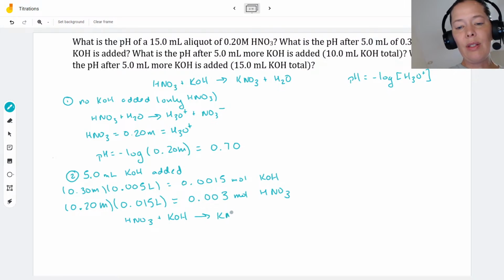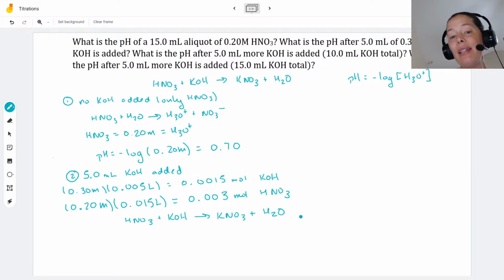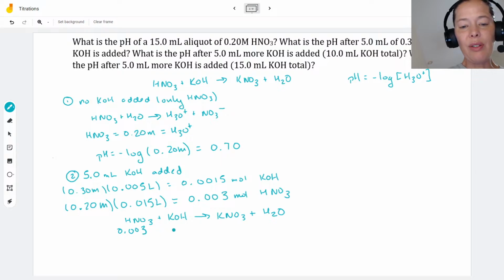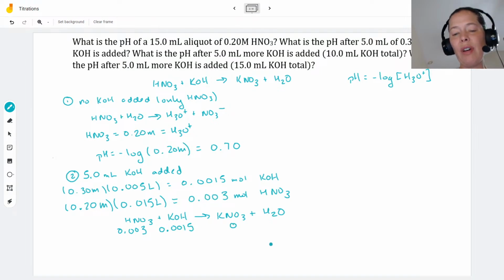All right, so this makes potassium nitrate and water. And my initial number of moles is for nitric acid, I have 0.003, and for potassium hydroxide, I have 0.0015. Of course, I have no potassium nitrate initially, and water, again, just like with equilibrium, we don't really care about.